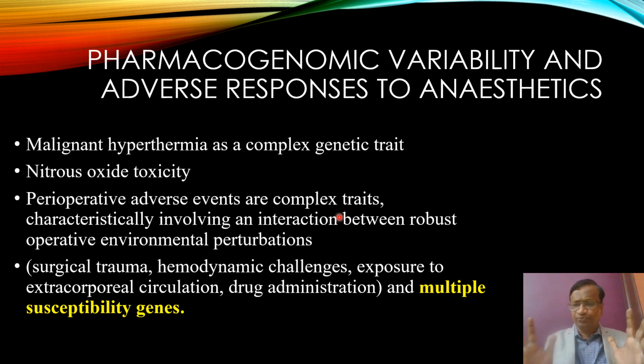It is very difficult to attribute these to a single gene because there are a lot of variations, environmental changes, surgical trauma, hemodynamic challenges, so many things. But you also see multiple susceptibility genes. If you have a hemodynamic problem, then these are all the problems, and also multiple susceptibility genes are there.